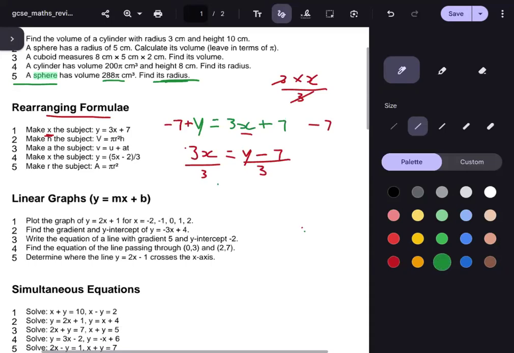And when we do that, this 3 cancels out with this 3, and we have x alone. So our answer is x is equal to y minus 7 divided by 3. Any questions?